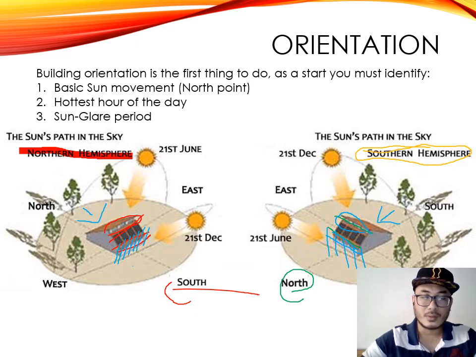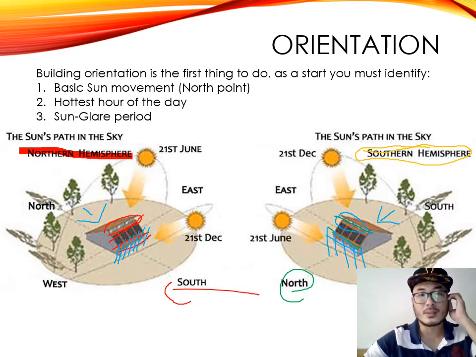At a certain time of the year, it will be on the south, and sometimes on the north of your building. So the way you design it, your biggest openings should be on the east and west, not on the south and north, for buildings located on the equator.